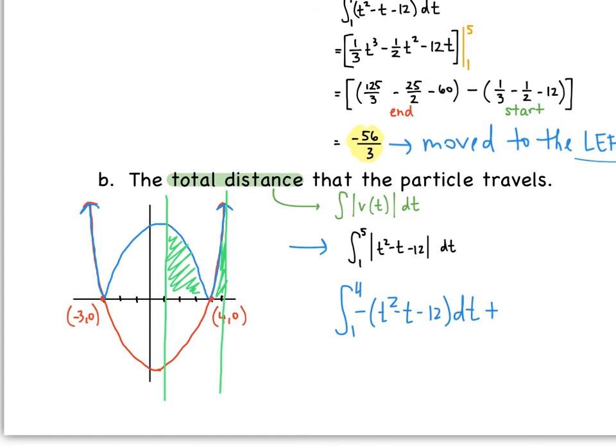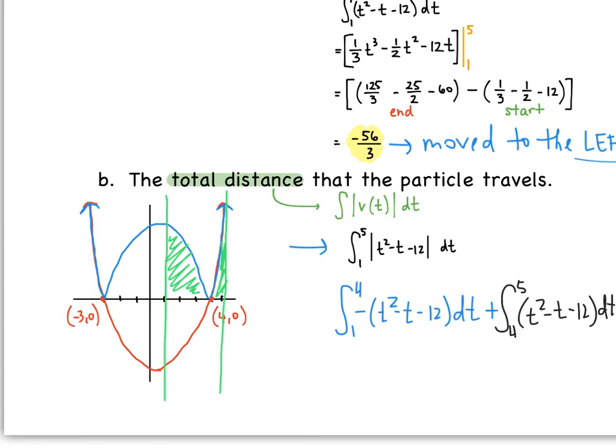And then we're going to add that to this portion over here, which hasn't changed. So the integral from 1, or sorry, not 1 to 5, 4 to 5 of t squared minus t minus 12 dt. All right, and now we're just going to integrate this.